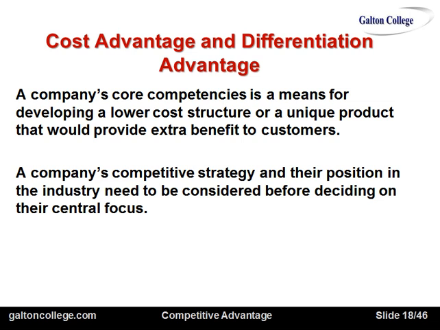A company's competitive strategy and their position in the industry need to be considered before deciding on their central focus. So the company needs to know where it stands in the industry. How competitive is it? What are the competitors like? What are they doing?